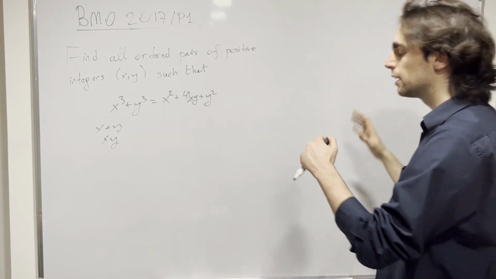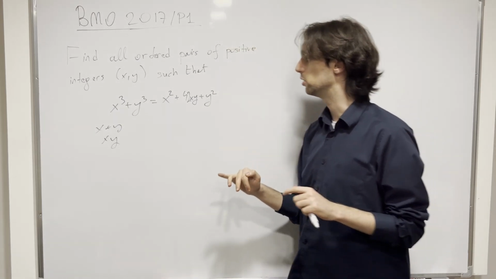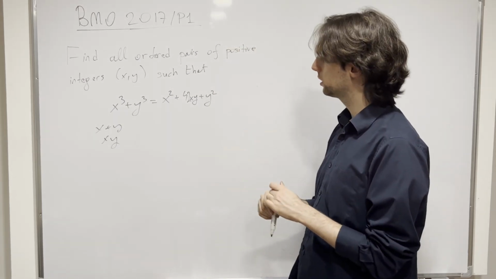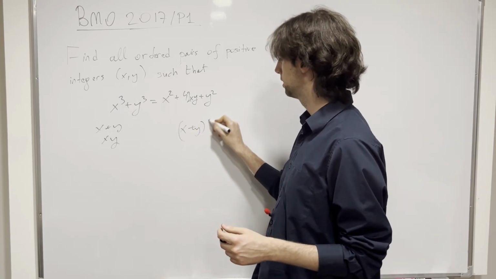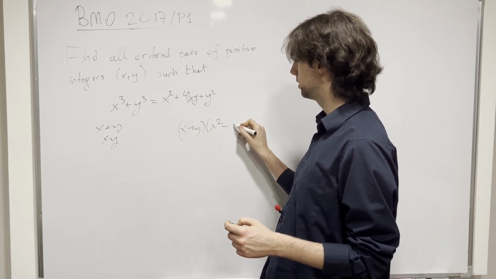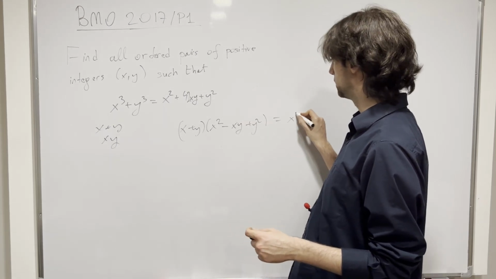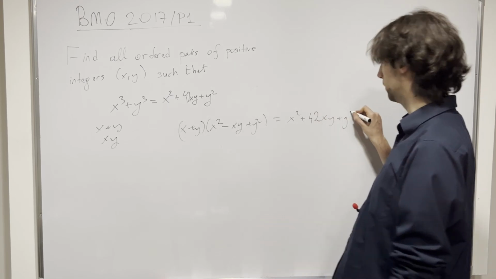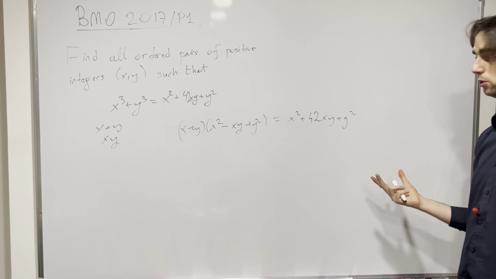And so maybe that's what we want to do in this problem, just write everything down in those terms. So here, what would that mean? Well, here that would mean to write this as x plus y times x squared minus xy plus y squared is equal to x squared plus 42xy plus y squared.